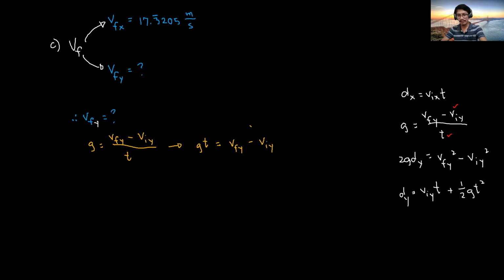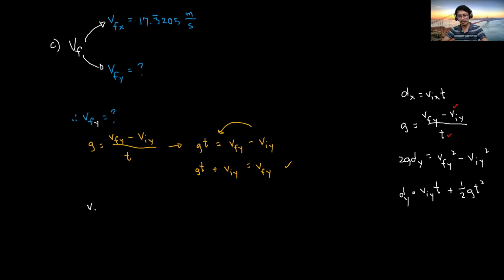And then transpose si VIY. So that will become GT plus VIY is equal to VFY. So yan na yung equation. Take note of this equation. This is to solve for the final velocity dito. Yan ang gagamitin natin na equation.